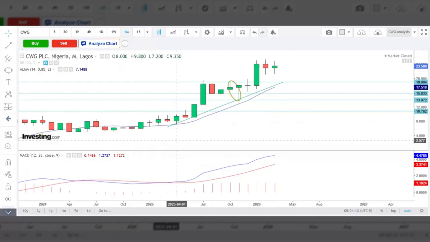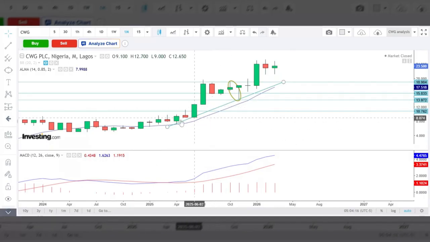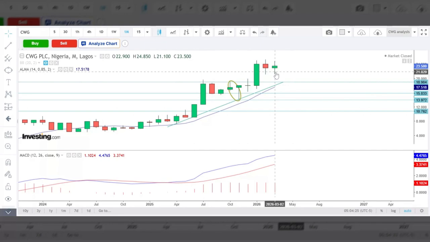Okay. So as you can see, my trend line too is 1, 2, 3. It's a very strong uptrend. Yeah. And you can see this recent candle now. This month, people are trying to push this CWG up again. Last month, people were taking profits. Okay.